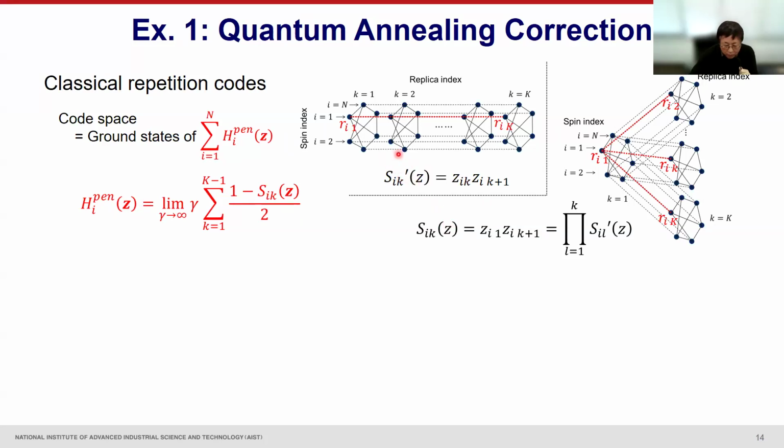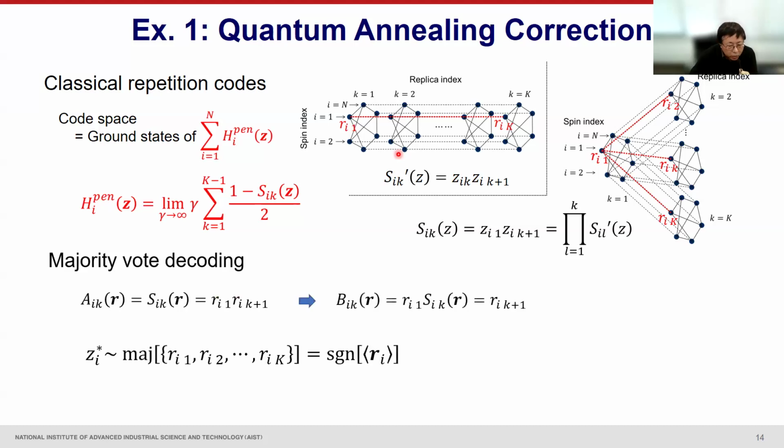In this case, orthogonal syndrome pattern A should be this S. That is, in this case, okay, and which gives pattern B like this.